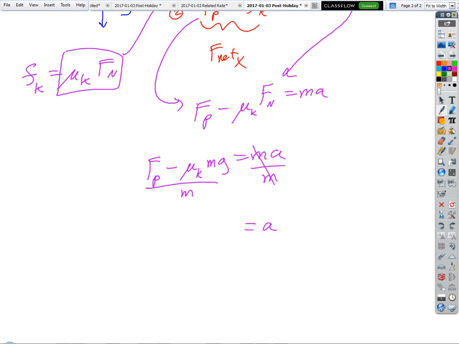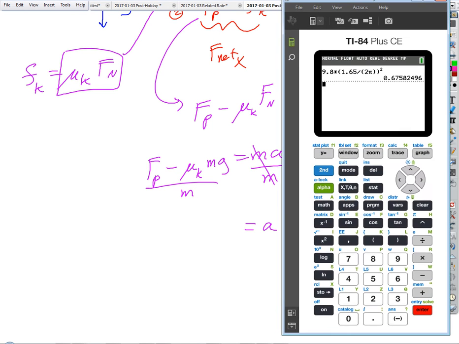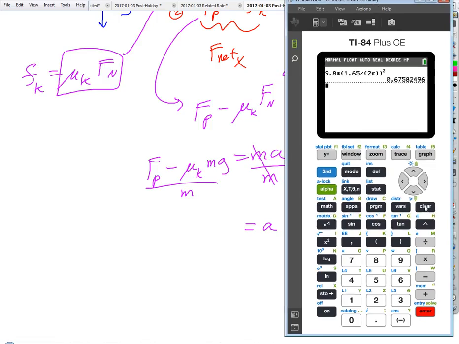Let's just do it right in our calculator. 539 minus mu, which was 0.27, times the mass, 125, times g, 9.8. So there's the top. I'm going to get that answer divided by the mass, which is 125. Everybody see what I'm doing? Yep. Gives us that. Boom.